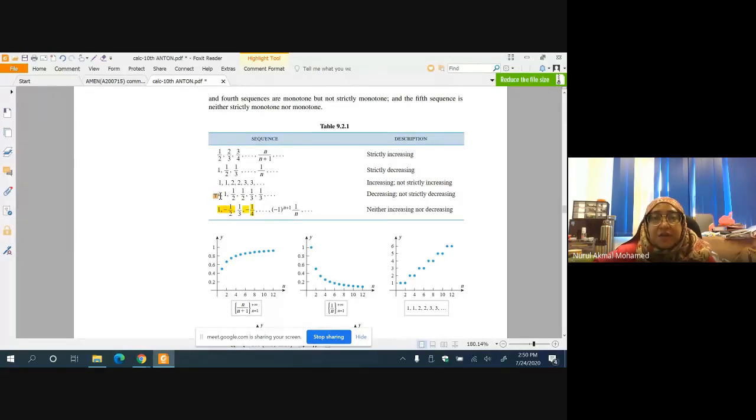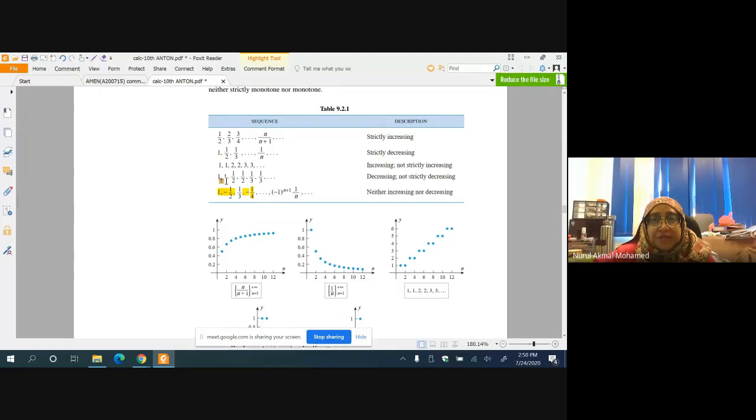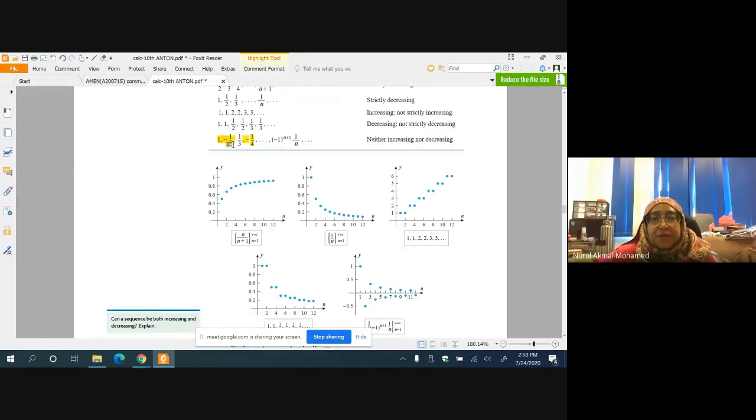It's the same for the fourth one. 1 and 1, they are the same. 1/2 and 1/2, they are the same. So this is just decreasing and not strictly decreasing. But for the fifth one, 1, negative 1/2, then 1/3, and then negative 1/4, you have alternating signs.